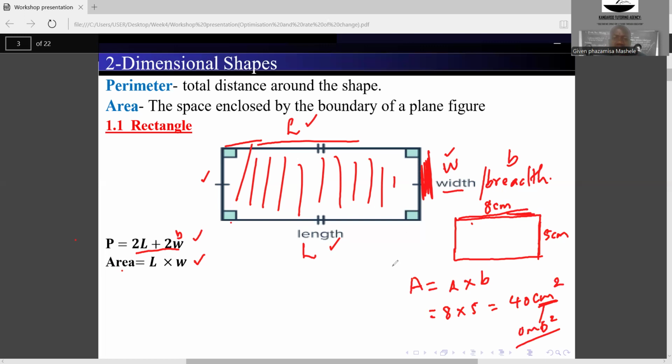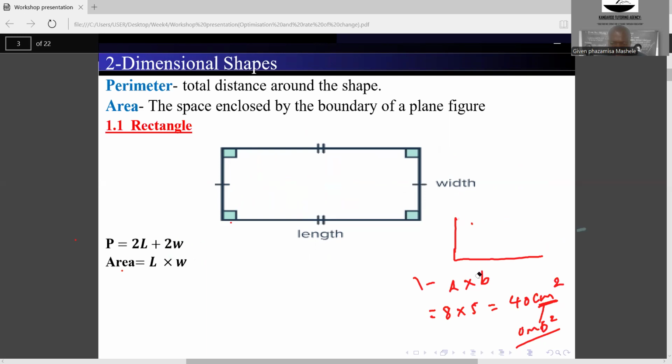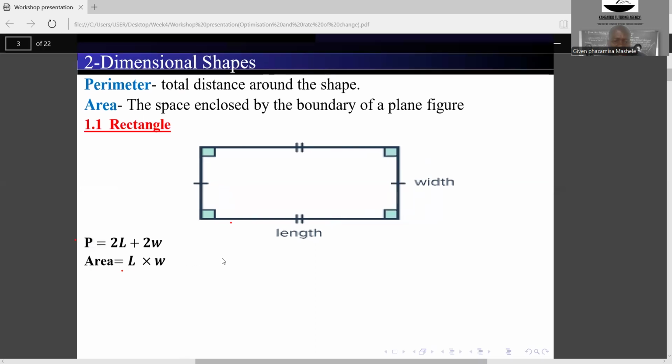Then I believe you are following. It's very important for you to know the area of a rectangle. Now, moving on, we need to also familiarize ourselves with a square and how to determine its area. Obviously, if you know how to determine the area and the perimeter of a rectangle, it will be easy to understand a square.